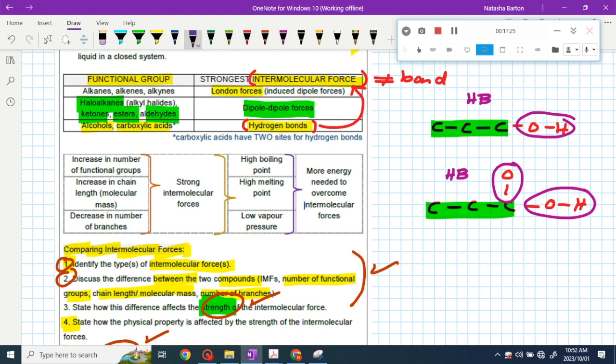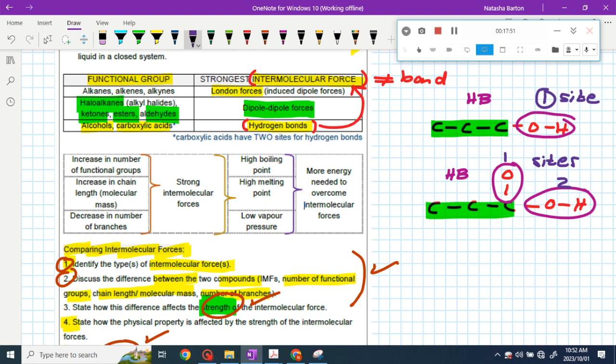Now, if you compare this compound, the alcohol, to the carboxylic acid, we say the alcohol has one site for hydrogen bonds, while the carboxylic acid has two sites for hydrogen bonds. Okay, that is your next step. We are now comparing the structures and how they affect the intermolecular force.